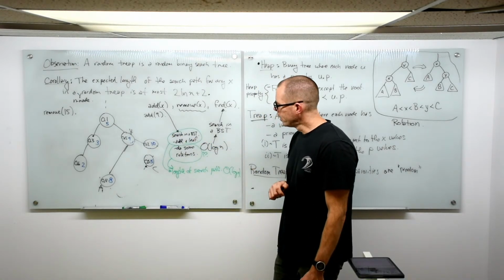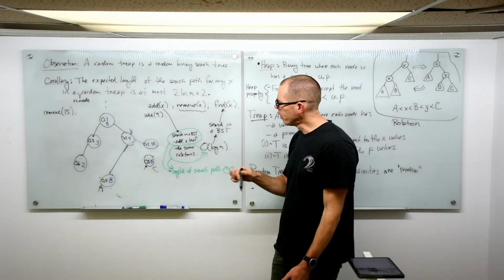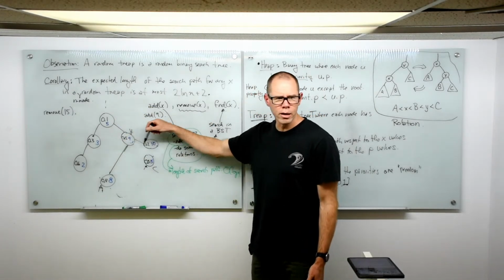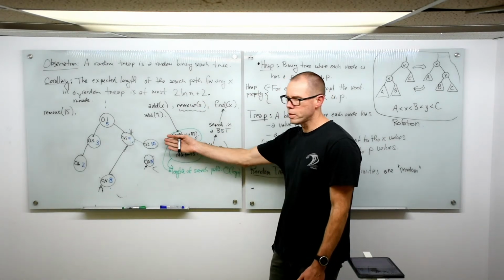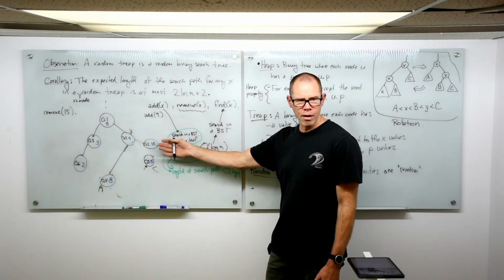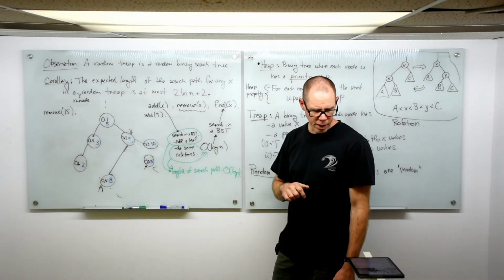They had it before, so that's fine. Is it still a random treap? Yeah, all the priorities were random before, and I didn't change any of them in any way, so they're still random. So yeah, after removing this node, I still have a random treap, but now it's a random treap on n-1 nodes.